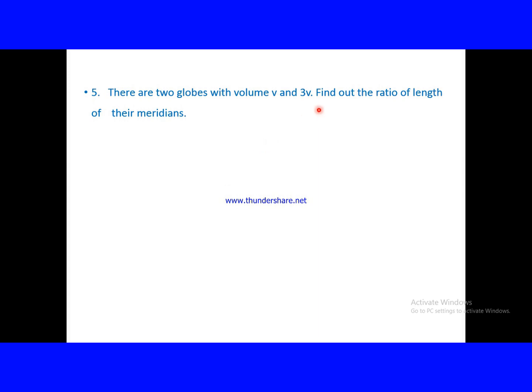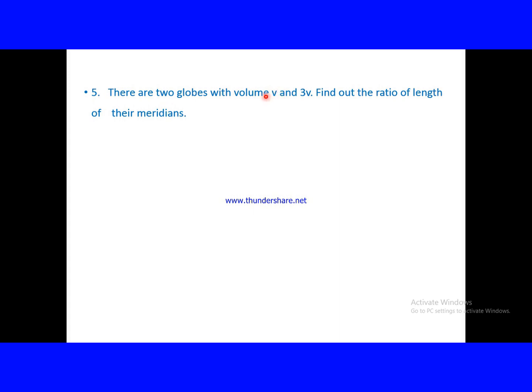Again, two globes with volume V and 3V. Find out the ratio of length of their meridians. First, we have to know the radius of the first globe using its volume, and in this case, we'll use the formula 4 by 3 pi r cube is equal to V. Therefore, we'll get the value of r, and using this r, we'll find out the length of meridians.